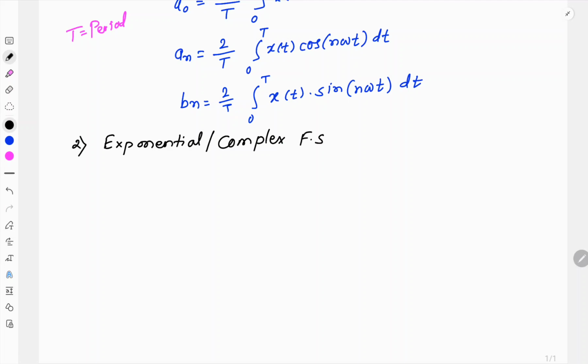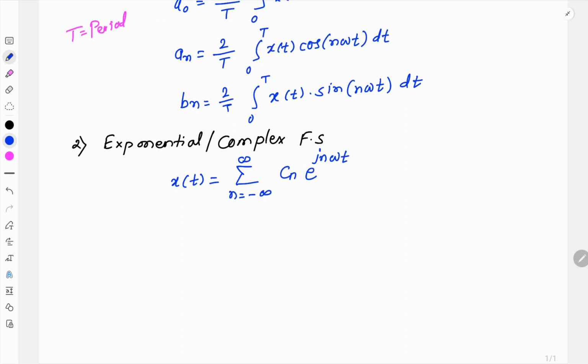So the representation of this exponential Fourier series is given as: x of t can be represented as summation n equal to minus infinity to plus infinity Cn into e raised to j n omega t.